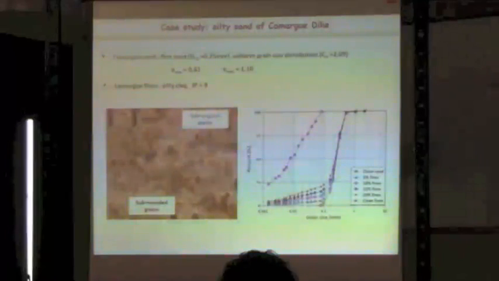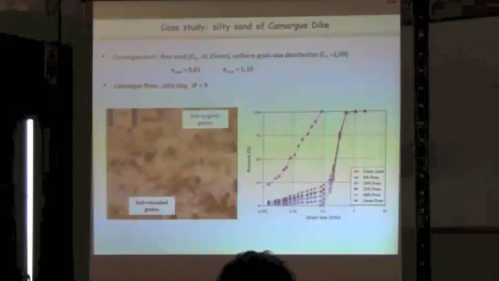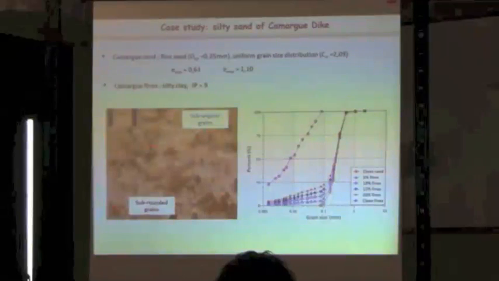So I move now to the case study, which concerns the mechanical behavior of silty sand taken from the Camargue dike. This silty sand is constituted of fine and uniform sand with non-plastic fines, the grains being subangular to subrounded.